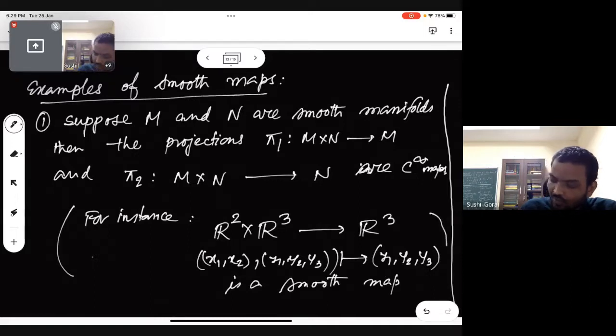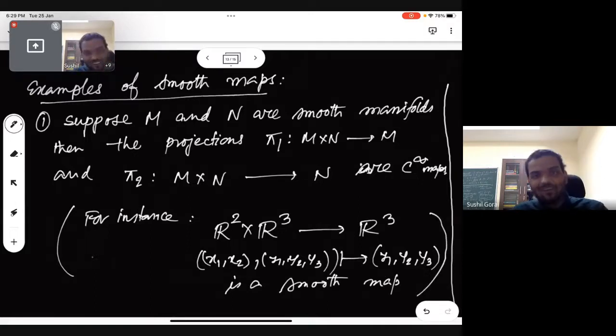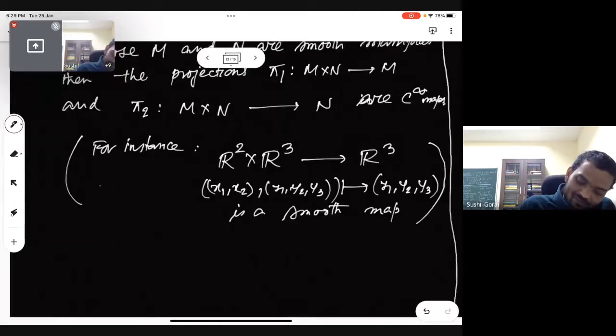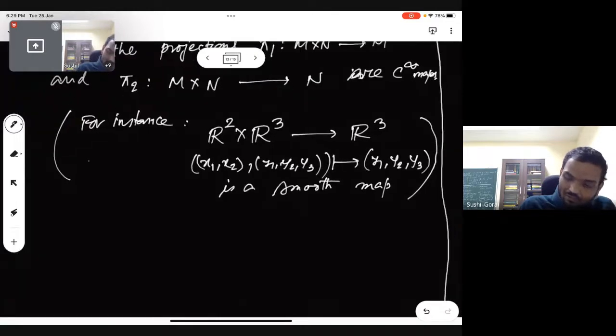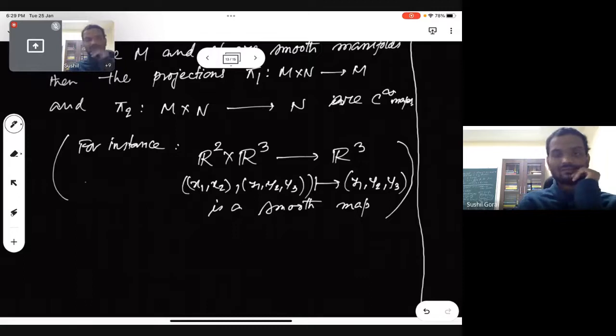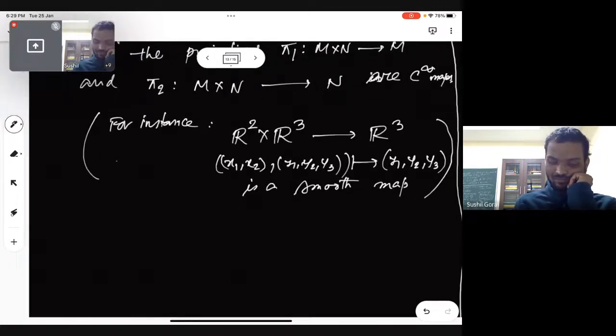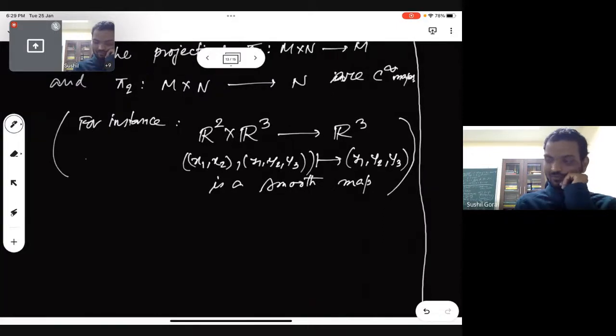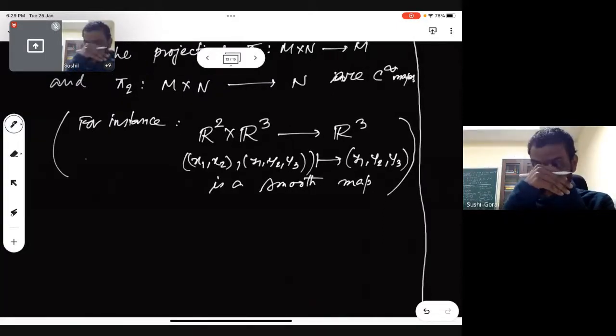Of course, this example you already know, but the point is this is true for any general case where M and N are two smooth manifolds. Now, how do you prove such a thing? I need to give a proof. So how do you prove it?